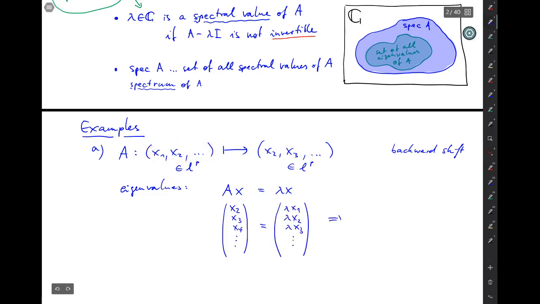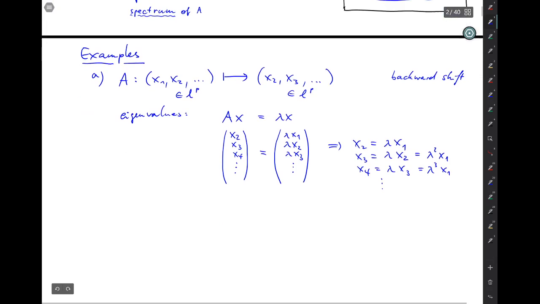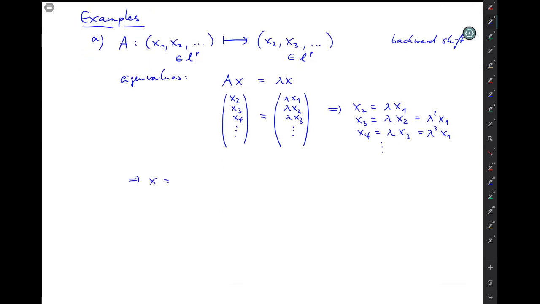So we simply conclude that x2 is lambda times x1, and x3 is lambda times x2, which must be lambda squared times x1, and x4 is lambda times x3, which must be lambda to the power 3 times x1, and so on. So our eigenvector x would have to look like this.